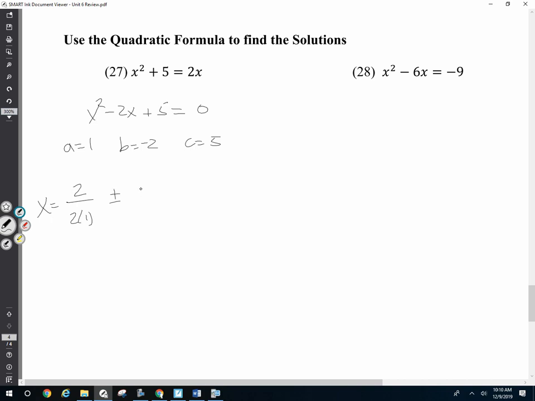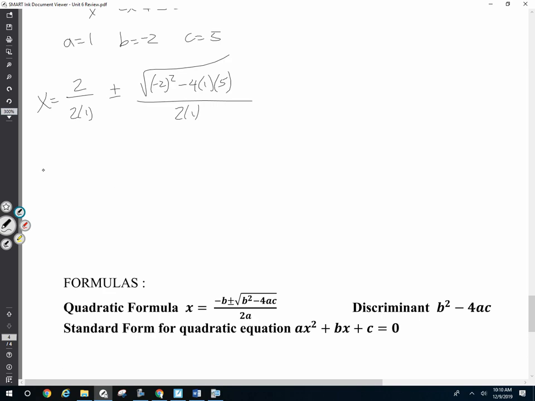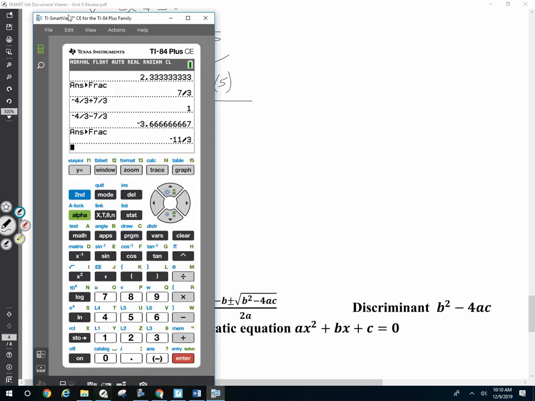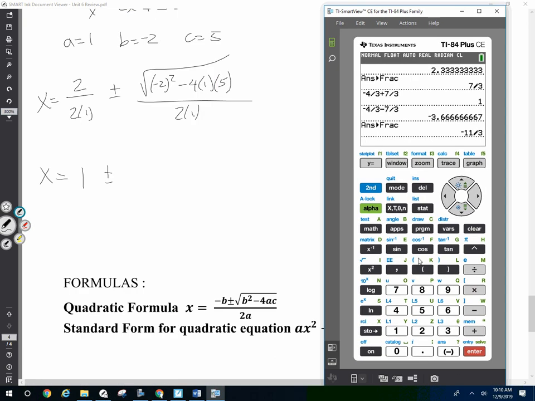Plus or minus square root of B squared minus 4 times A times C, all over 2. That's it. Now just simplify. Over here, 2 divided by 2 is 1. In your calculator, negative 2 squared minus 4 times 1 times 5.